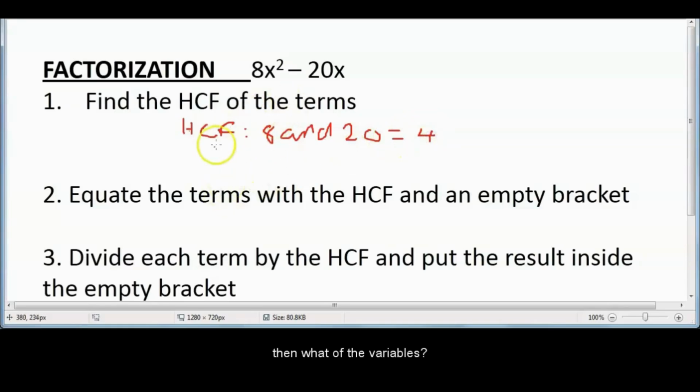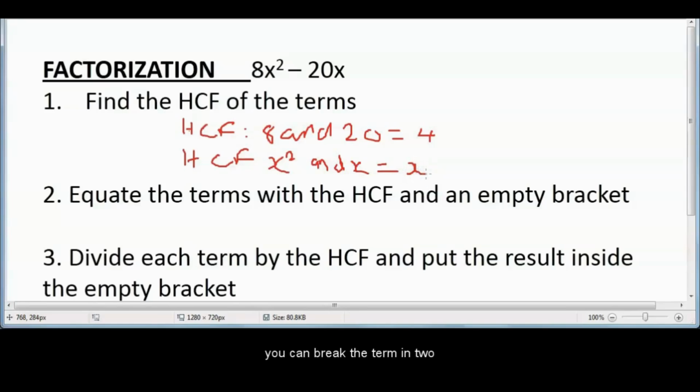Then what of the variables? The HCF of x squared and x is equal to x.